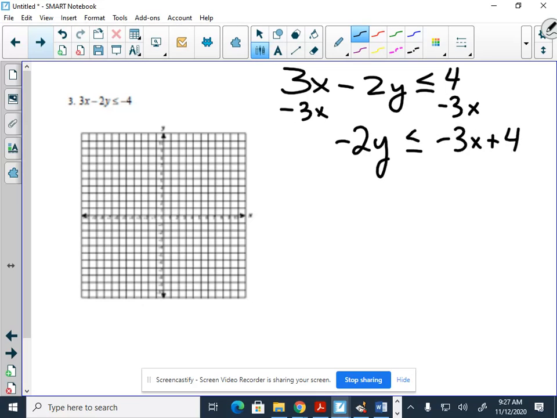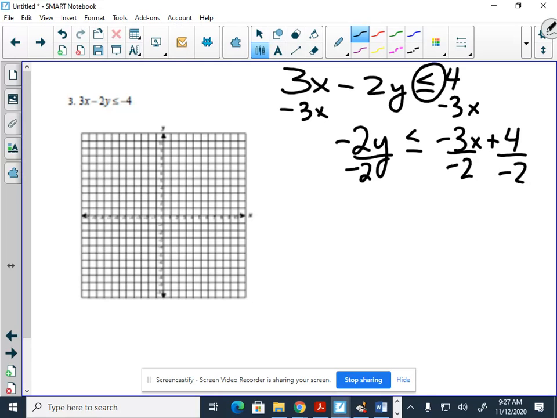Now remember, there are rules with the signs. This sign sometimes needs to get flipped around. If you subtract, it doesn't change it though. It's only when you divide by certain numbers or multiply by certain numbers. So I'm going to divide by a negative. Dividing by a negative will change all 4 signs in this problem.